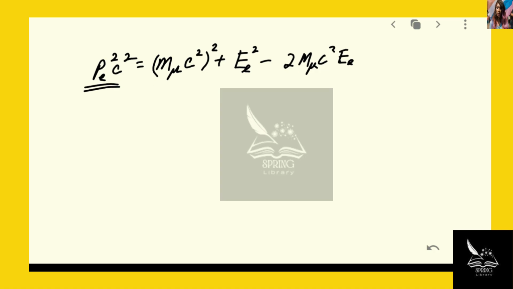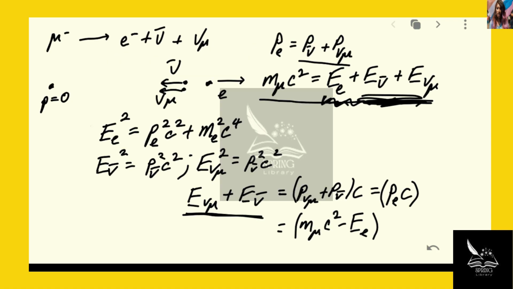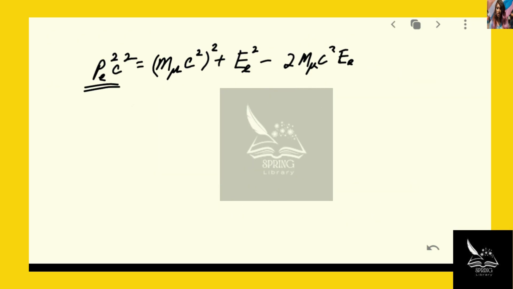We want this to be substituted from the expression over here, so we rearrange to make the momentum of the electron the subject, and then substitute into our equation.